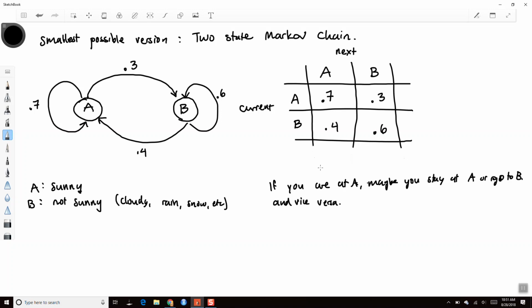So you don't look at what has happened in the past, you're just looking at where you currently are, and that will determine where you go next, okay? Kind of our memorylessness. Next state depends only on our current state.